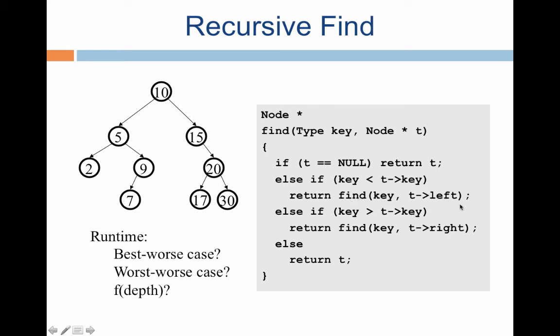That's what this says: return find key in the left subtree. Otherwise, you find the key in the right subtree, if it is larger. If it's neither less than nor greater than, then it must be equal. There is no other possibility. Therefore, you return a pointer to the node you are inspecting. So this is the recursive find.